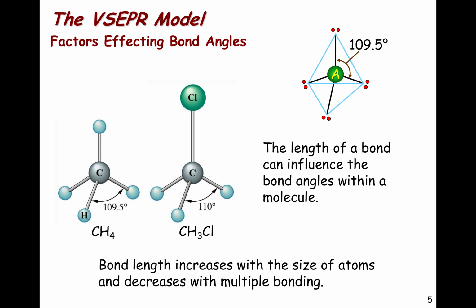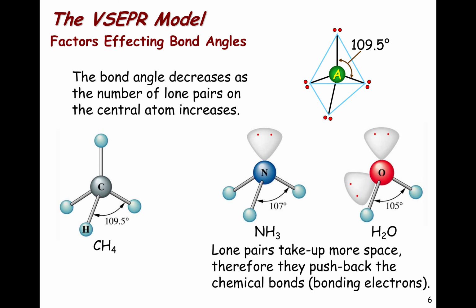So, bond lengths can have an effect by distorting the structure, and this can also be a result of forming multiple bonds. As we had alluded to earlier in terms of the effect of the lone pairs in the trigonal bipyramidal structure, lone pairs tend to take up a little bit more room around a central atom than bonding pairs, and so this can also be observed in molecules such as ammonia or water.